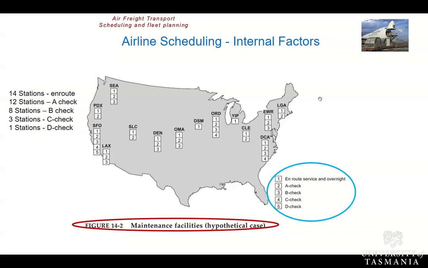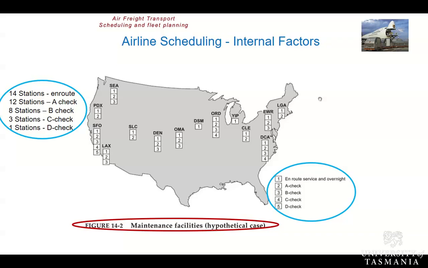This particular slide is an example of how you might plan out your maintenance facilities across North America. So we're working on the basis that we've got 5 different types of maintenance check, the 1, 2, 3, 4 and 5. And as you can see here, you've got 14 airports or stations, if you like, around North America.